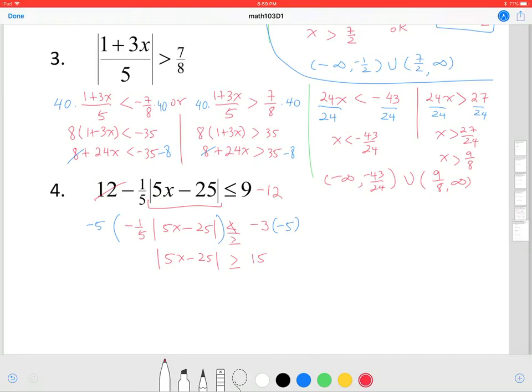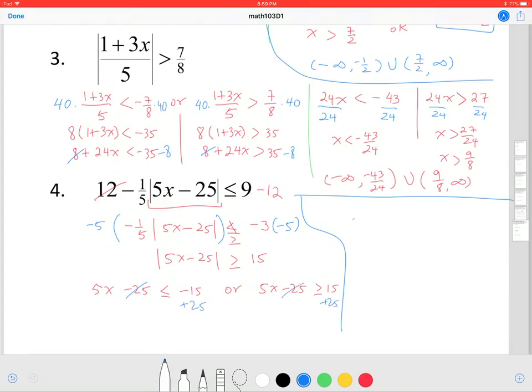That should give us our two parts. First being 5x minus 25 is less than or equal to negative 15, or 5x minus 25 is greater than or equal to positive 15. I'm going to run out of space, so let me move over. Add 25 on both sides.